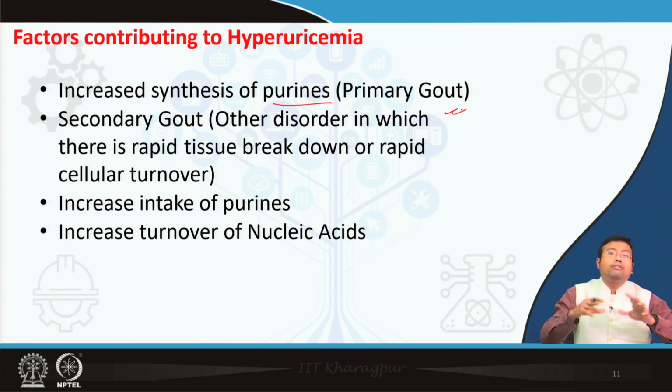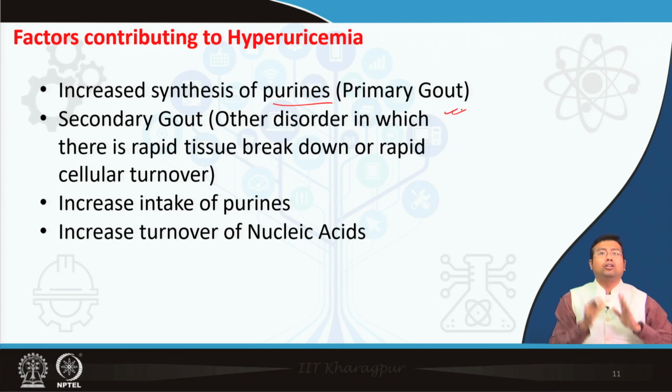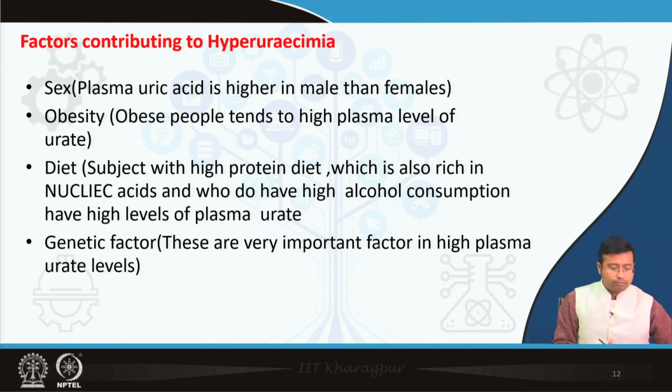There is more available material to be converted to purine. That is the concept of secondary gout. Primary gout means overproduction of uric acid just like that, without any underlying reason. Next, excess intake of purine, increased turnover of nucleic acids. These are all reasons which will ultimately be degraded to produce excess purine.